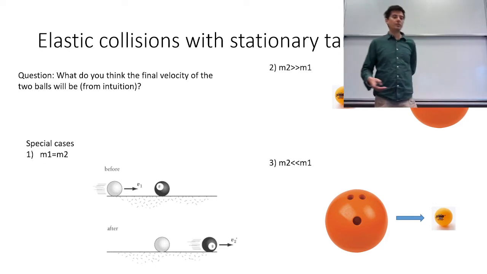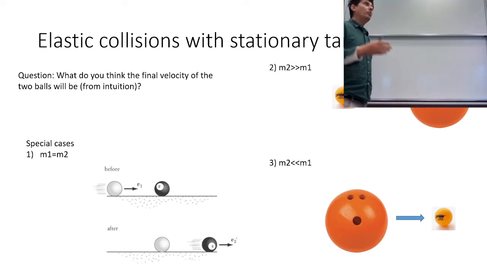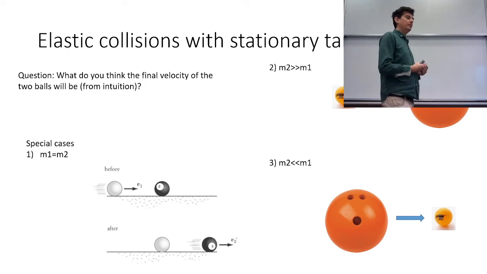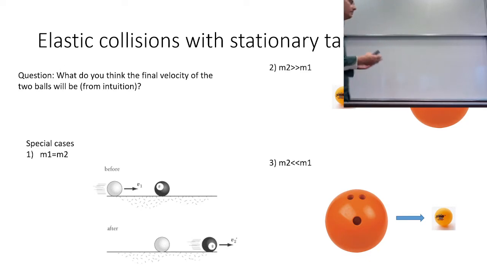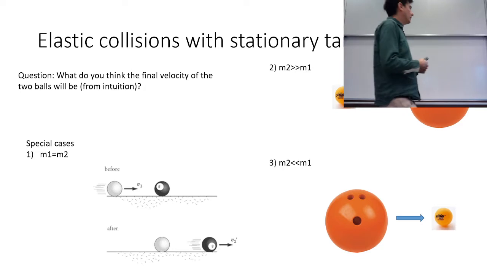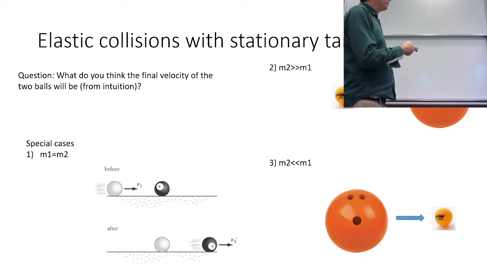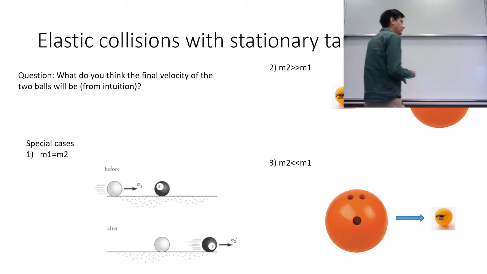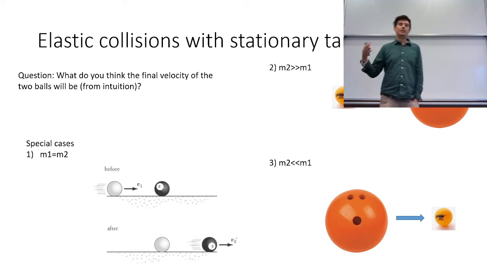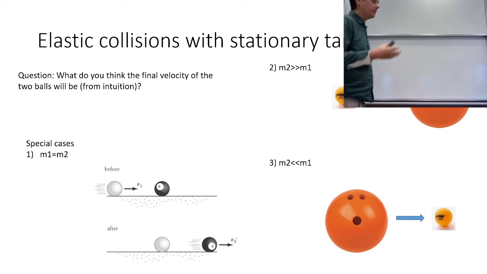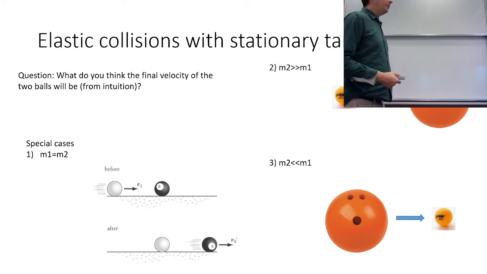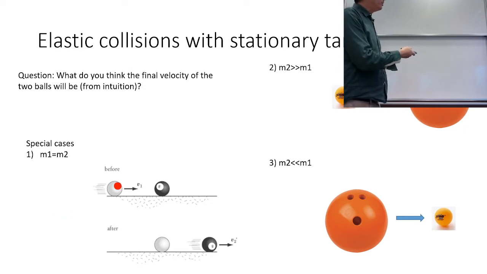So before plugging into the formula, maybe we can make some guesses and see what our intuition is from everyday experience. Let's take a few guesses at what would happen in these cases, and suppose these are elastic collisions, so you can think of them as billiard balls, as I've drawn here, or in this case a bowling ball and a ping pong ball.